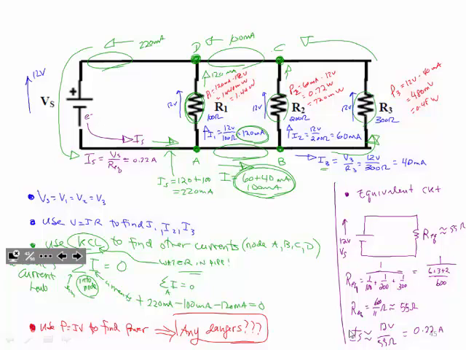And then I found out the total, my source current is just my source voltage, 12 volts, divided by my 55 ohms. So when I do that, I get 0.22 amps. And sure enough, it was 0.22 amps. So these two calculations match up.